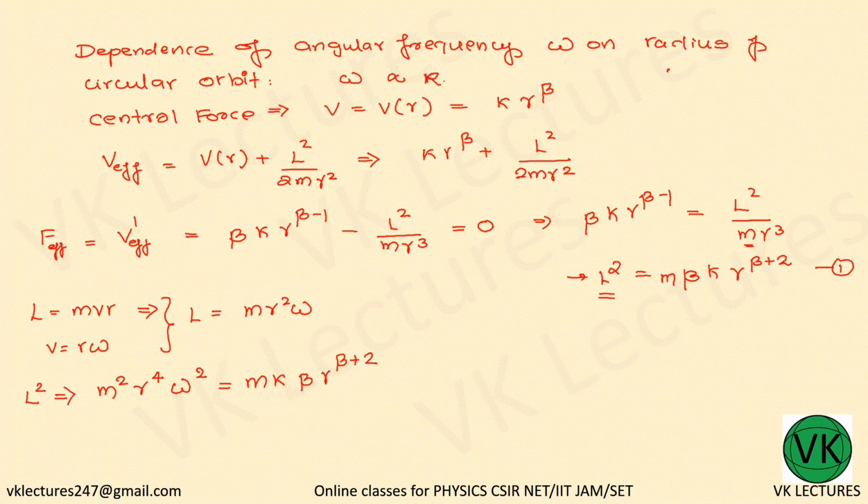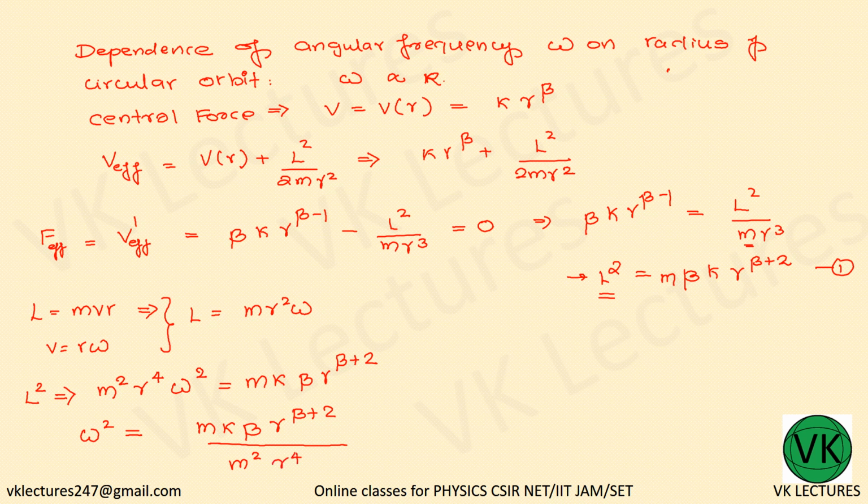We need omega in terms of r. Now omega square is equal to m k beta r to the power beta plus 2 divided by m square r to the power 4.